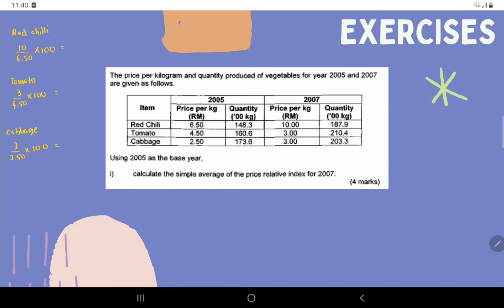Okay, so the answer for red chili is 153.85, then 66.67, okay, and 120.